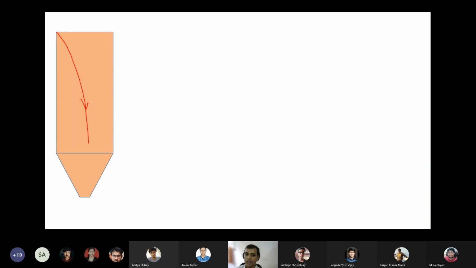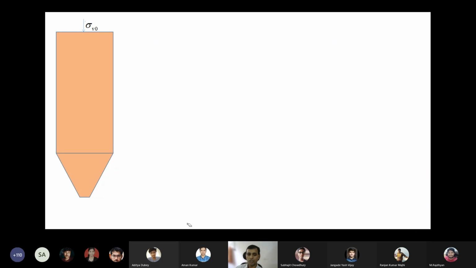Whenever we have a large body and we want to find the variation of one parameter with respect to another, how do we find it? Let's say a vertical load sigma V naught is applied onto this silo.